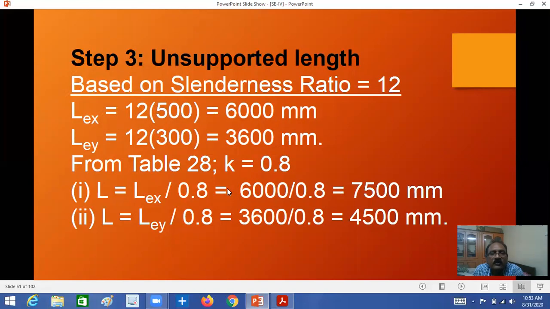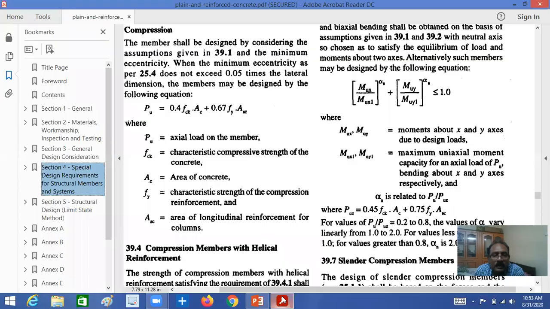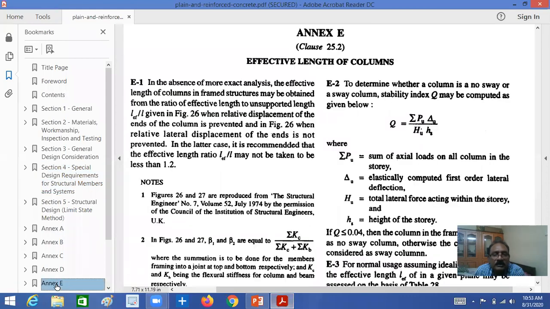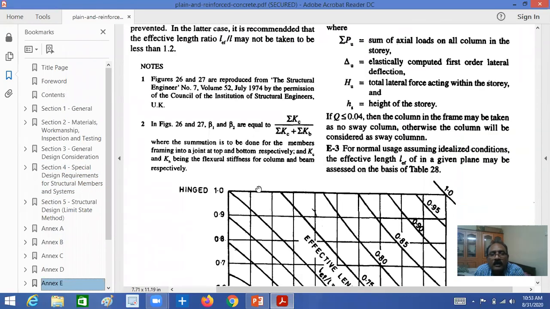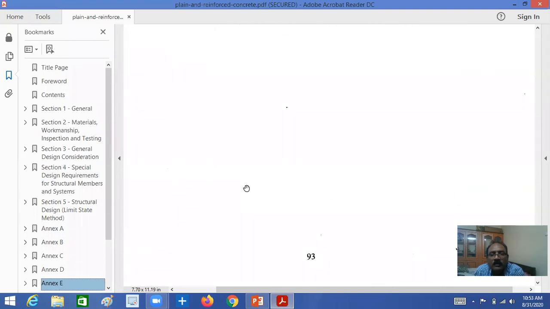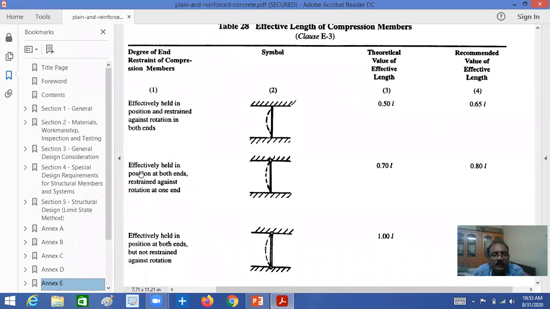So check for unsupported length: Lex equal to 12D or 12B. Lex equal to 6000 mm, Le by D equal to 3600 mm. If you see Table 28 of the code, what is the condition given in the problem?